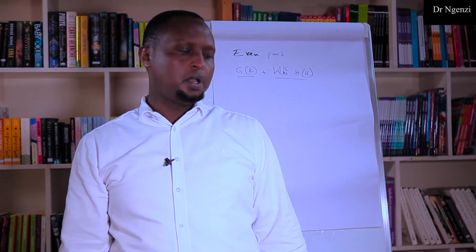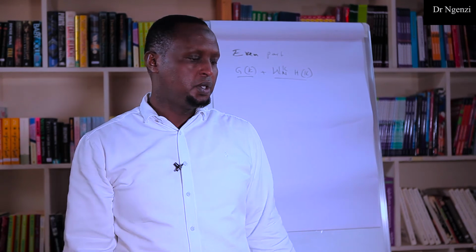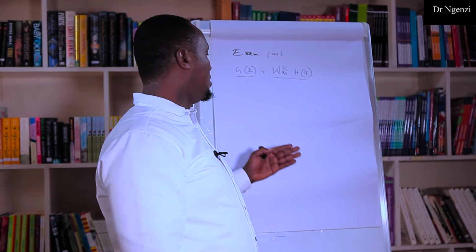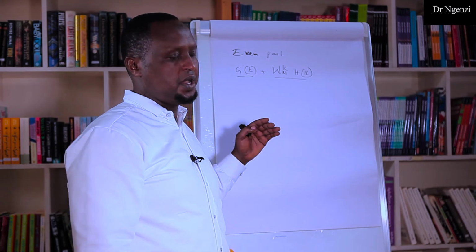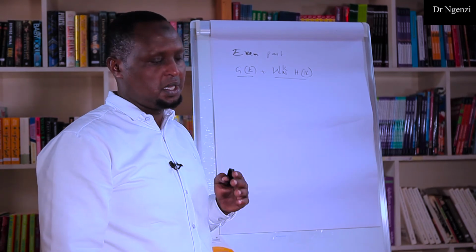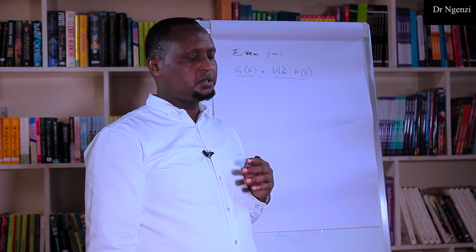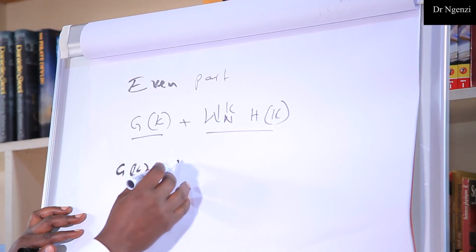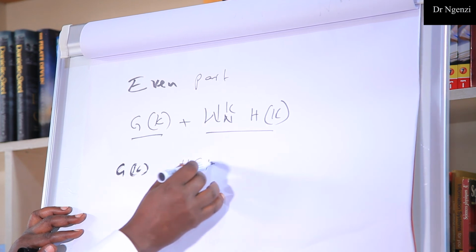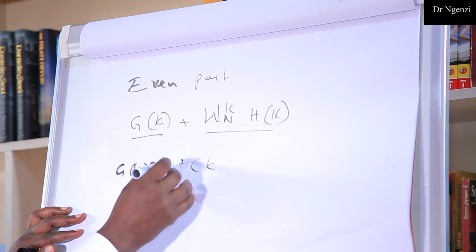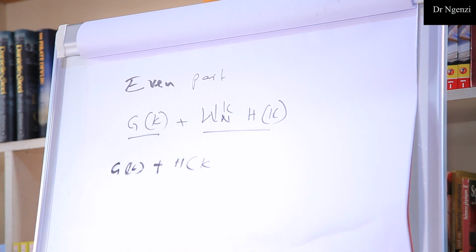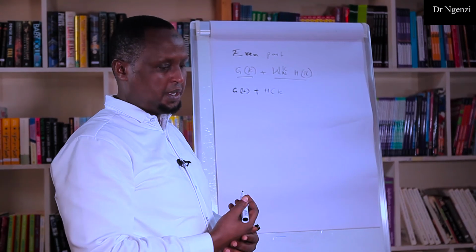If you substitute any value, that doesn't make any big difference. The only thing is how you have defined your odd numbers and even numbers. So we have two functions, g of k and h of k. The rest is going to be multiplied by W_N^k.